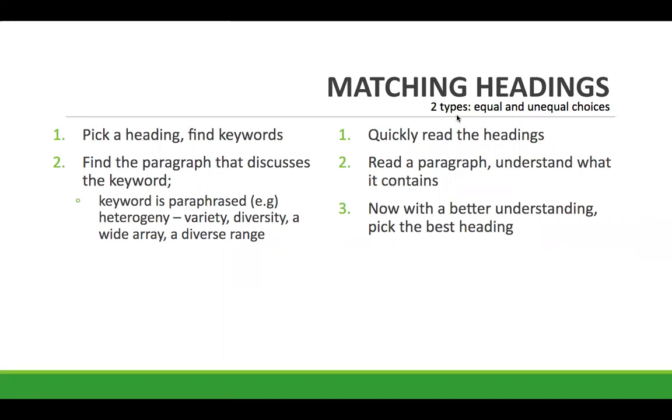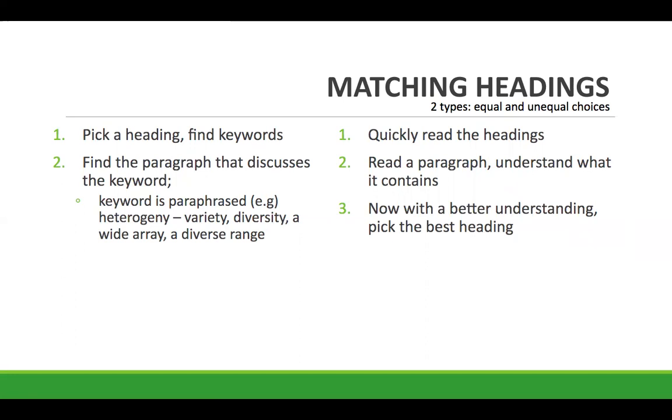There are two types, the equal and unequal choices. For the equal, you have to pick a heading and find the keywords. For the unequal, quickly read the headings. Find the paragraph that discusses the keywords. Remember keywords are paraphrased, like heterogeneity. The paraphrase is variety, diversity, a wide array, a diverse range.